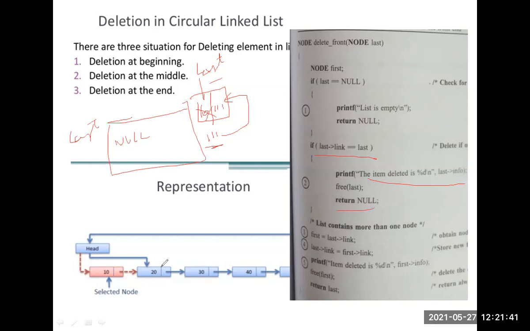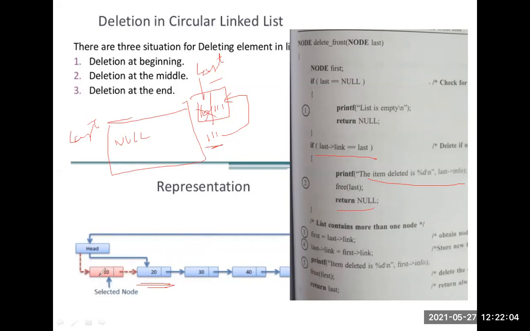Okay, now in this diagram there exists more than one node. So what we have to do is store this second node address in some temporary variable. Then we delete this, then there is no problem. So where is the first node address? This is the first node. This address is stored in last of link.